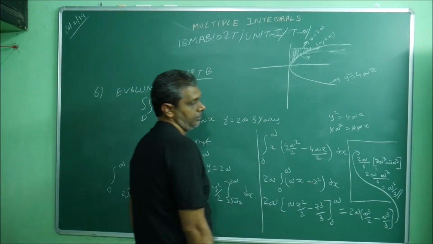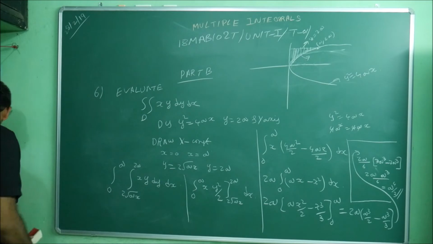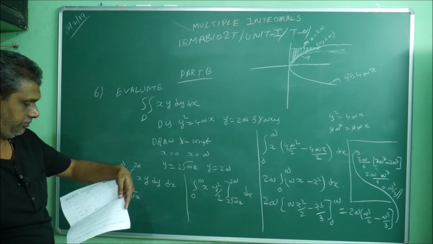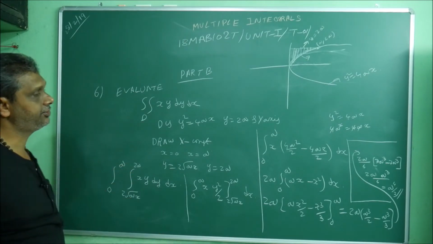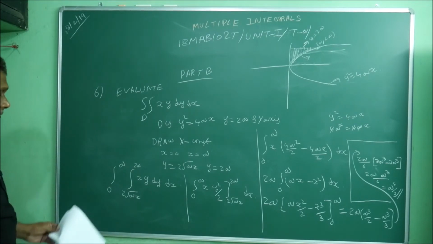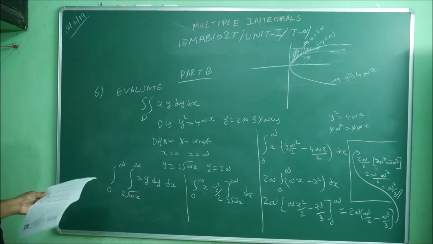Let me check the answer whether what we have done is right or wrong. Yes, a power 4 by 3. Happily we reached. Getting or not? So this is the way of doing. Okay, we go for the next problem.